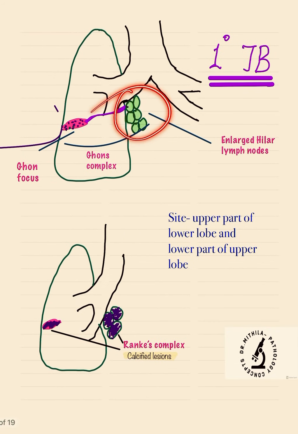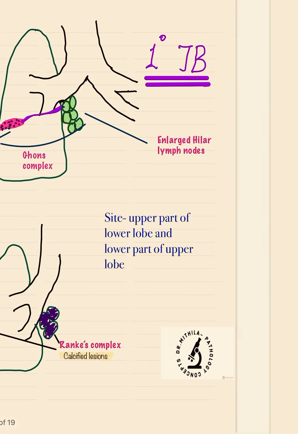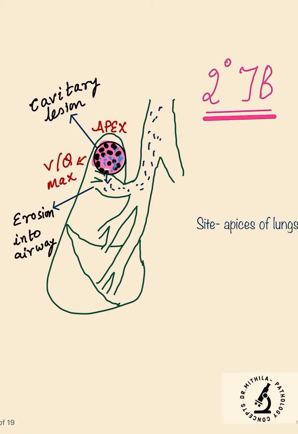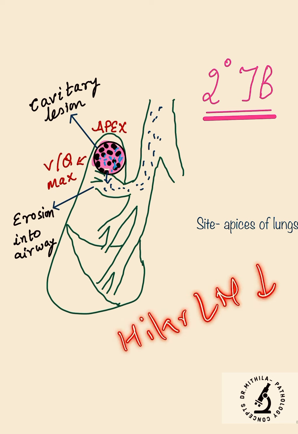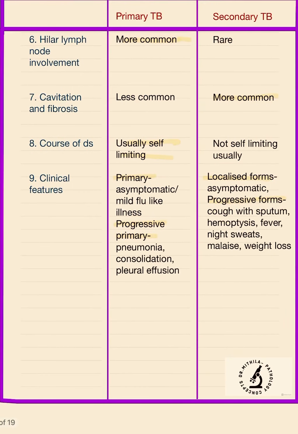In primary TB, we saw that the hilar lymph nodes sometimes get enlarged, while in this, they are less commonly involved. So hilar lymph node involvement is more common in primary TB, while rare in secondary TB. Cavitation and fibrosis are less common in primary TB, while more common in secondary TB. Again, this is an important point to remember.